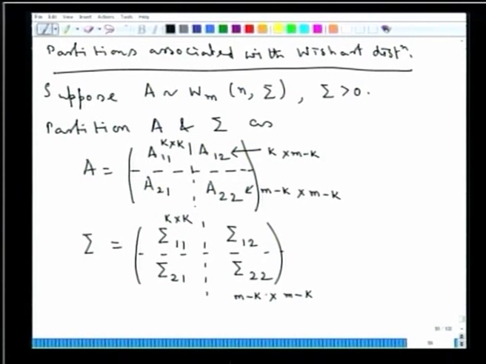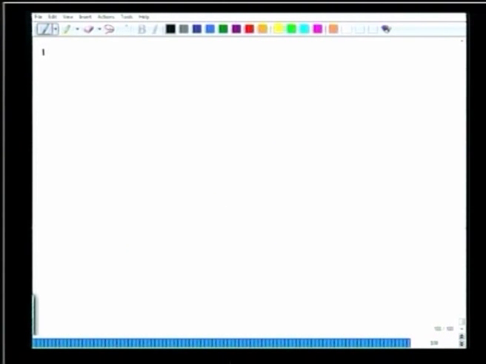Then we may be interested in knowing what is the distribution of this subpartition here, A11 or A22, or some derived form which involves all the partitioning elements of the Wishart matrix. Let me write the results for this setup.